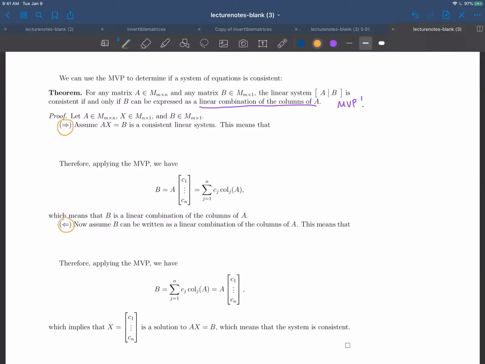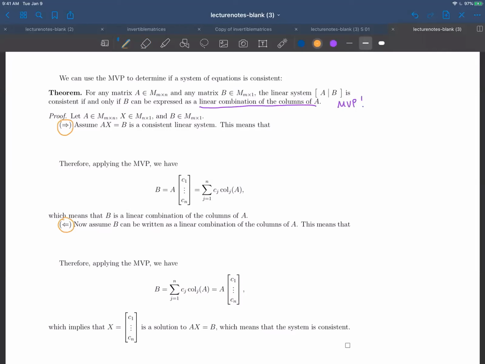This indicates that I'm proving a theorem that really has two statements. One of them is AB is consistent implies that B can be expressed as a linear combination of the columns of A. And the other says that B can be expressed as a linear combination of the columns of A implies that the linear system AB is consistent. So we've got two pieces of work to do.